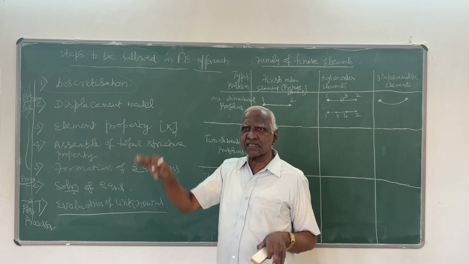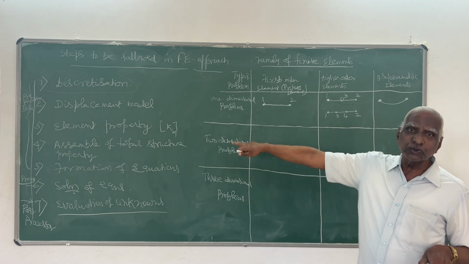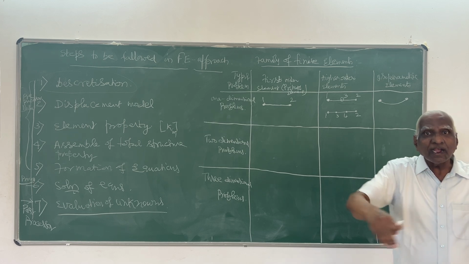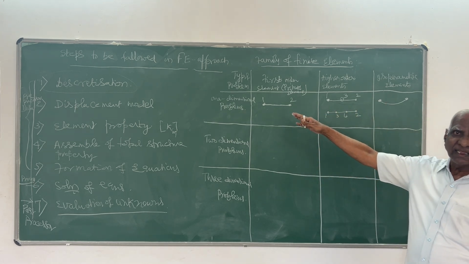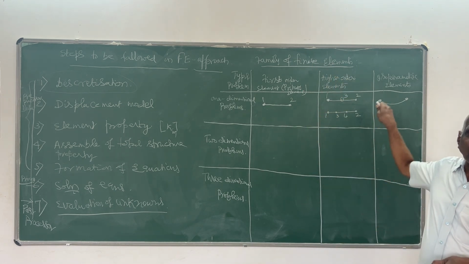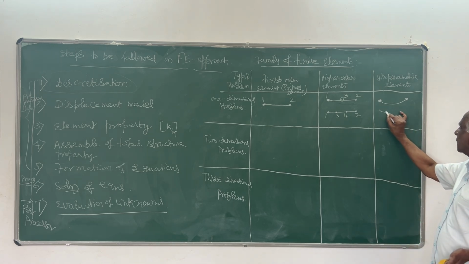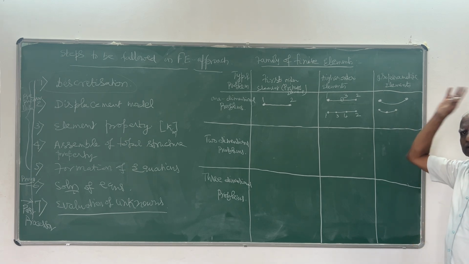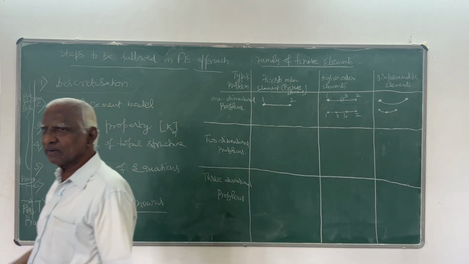The same shape functions which we use for displacement modeling, we use for geometry also. Altogether, we can remap the straight profile into a curved profile. That is called isoparametric type of element. It may be 3 nodes or 4 nodes, whatever it is. This is the isoparametric type of finite element we use.